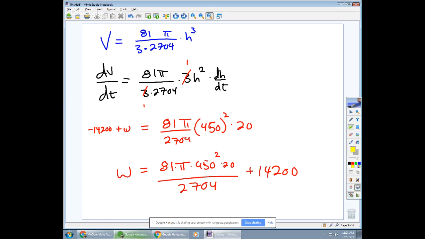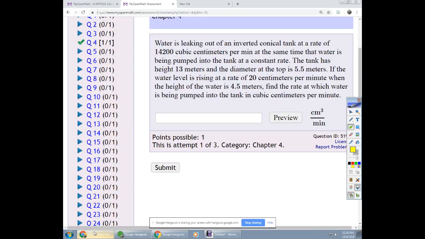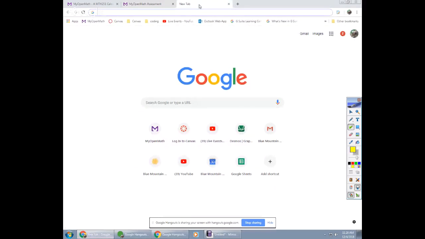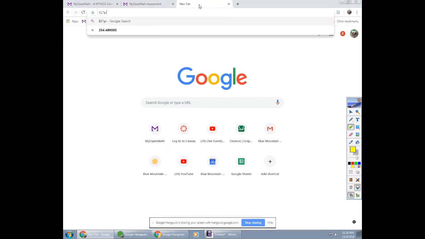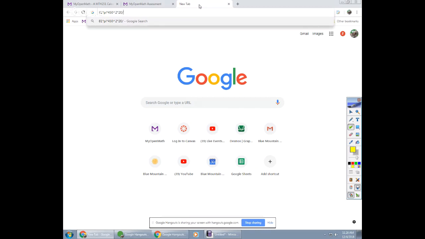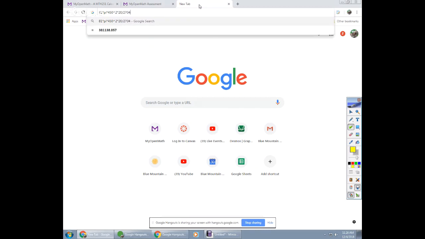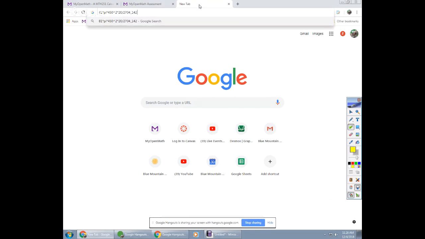All right, so plugging that into a calculator. Let's see, does that seem reasonable? Sure, I think so. I'll plug it in. Do I need Desmos? Nah. Okay, so I had 81 times pi times 450 squared times 20 divided by 2,704, plus 14,200, that's not a plus.